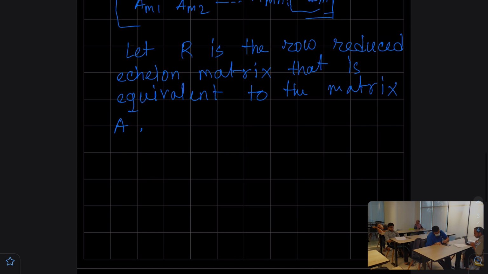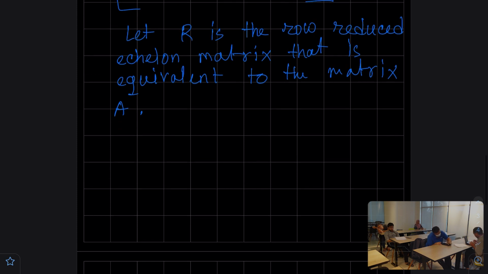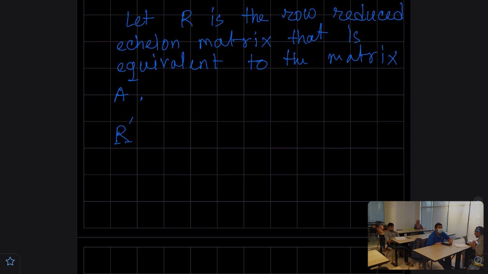Okay, then after the application of these EROs, what I will get is some matrix R prime, where the first n columns of R prime are the n columns of R, right?